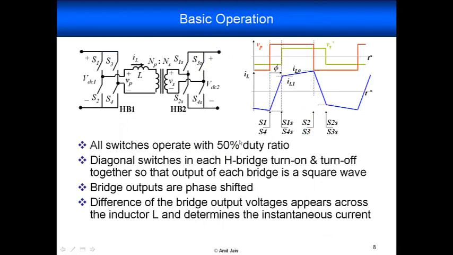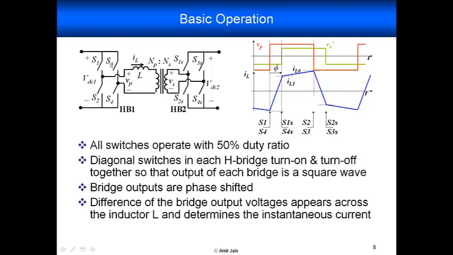So here we look at some of the operating details. To generate the square waves from the primary and secondary bridges, we operate all the switches with 50% duty ratio, and we turn on the diagonal switches simultaneously. So S1 and S4 turn on simultaneously, S2 and S3 turn on simultaneously, and produce a square wave here.